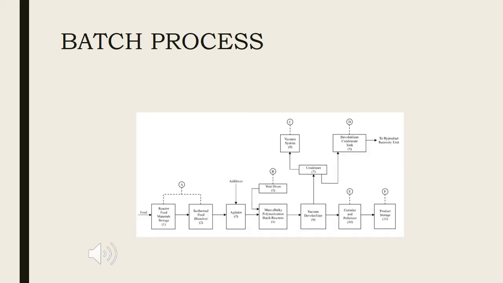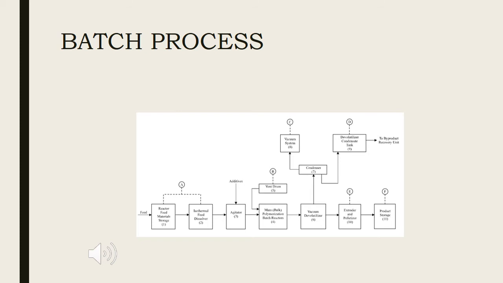Batch process. Various grades of polystyrene can be produced by a variety of batch processes. Batch processes generally have a high conversion efficiency, leaving only a small amount of unreacted styrene.